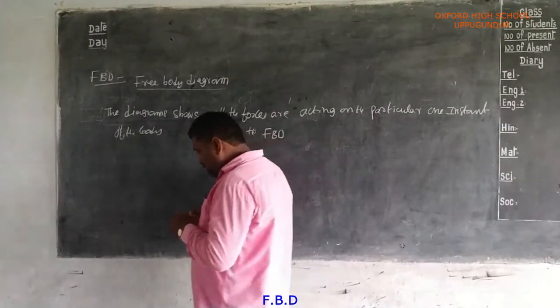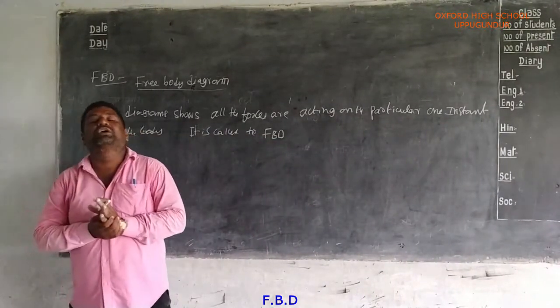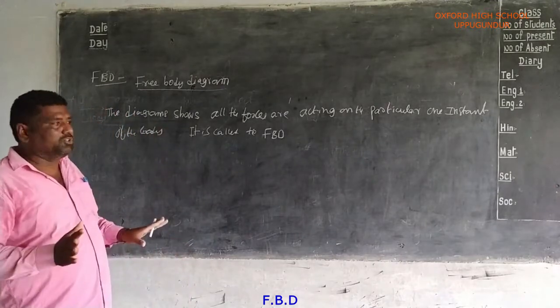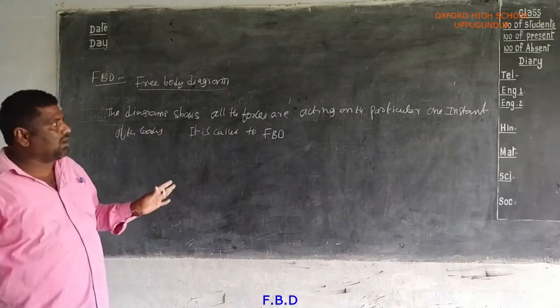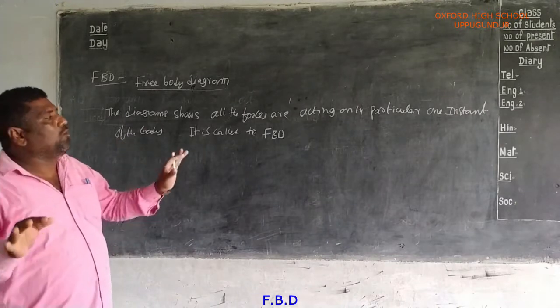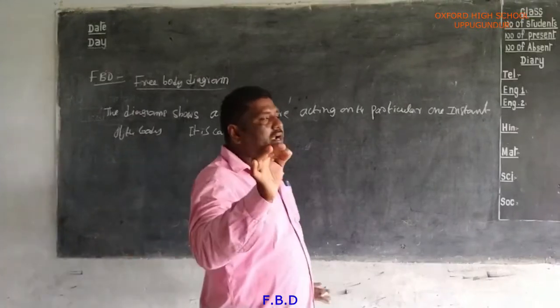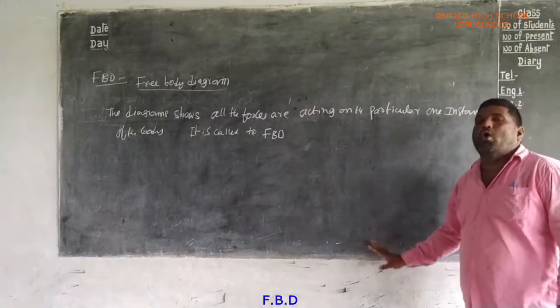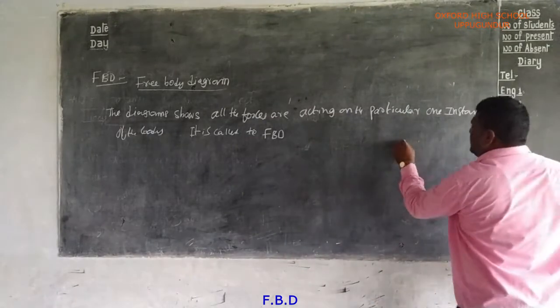Once again I will repeat the definition of the free body diagram. The diagram shows all the forces acting on one particular instant of the body. This body is known as the free body diagram. I will draw one picture.